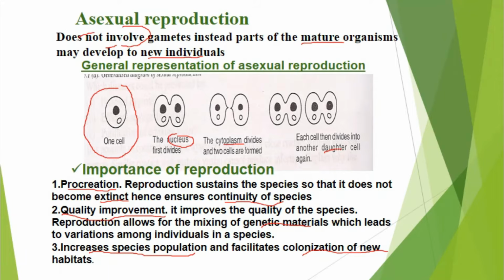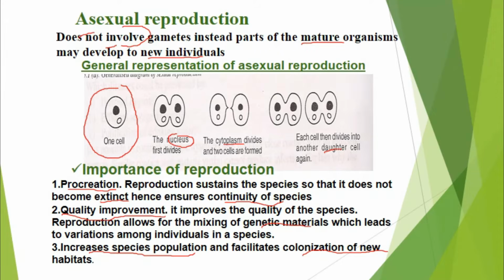Now, how does asexual reproduction occur? In this general representation of asexual reproduction, here we have one cell. This one cell divides into two new cells. The division begins at the nucleus. We will come to where cell division occurs.